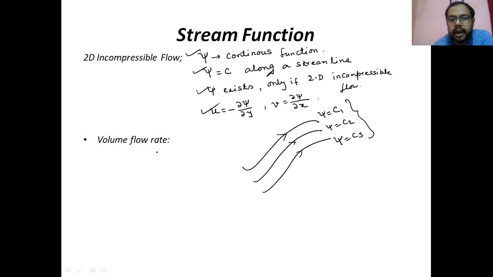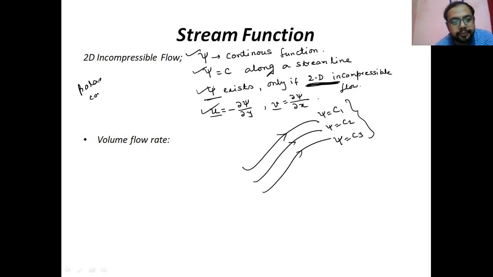Now, how is the volume flow rate connected with the stream function? Before that, one thing I'm stressing: only for two-dimensional incompressible flow does the psi exist. If it is a three-dimensional case, it will not exist. Here the equations for u and v are in Cartesian coordinates.